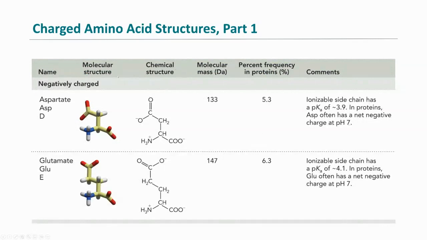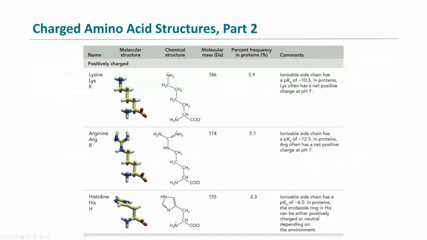So the charged amino acids: aspartate and glutamate. They are charged, with a negative charge. This is the amino group, carboxyl group, and alpha carbon, and a negative charge, so these two are negatively charged. And then these three, lysine, arginine, and histidine, are positively charged.